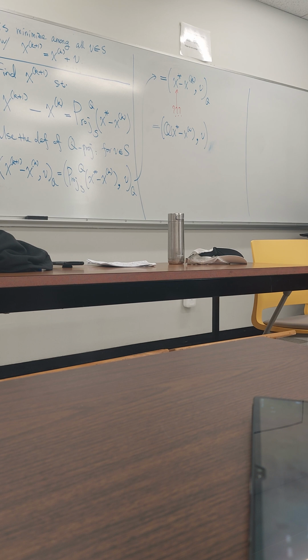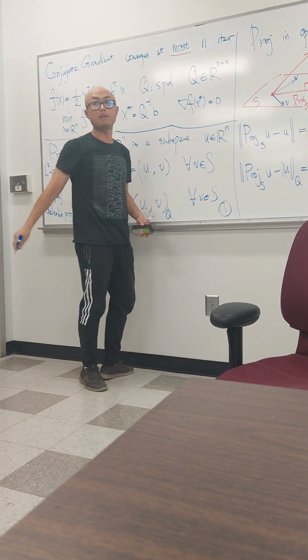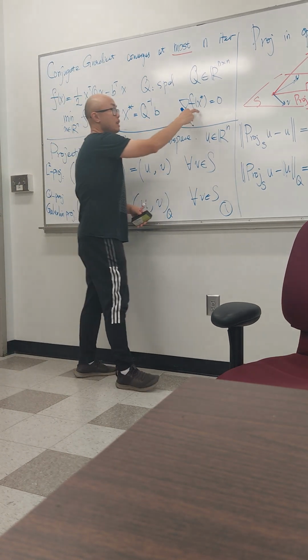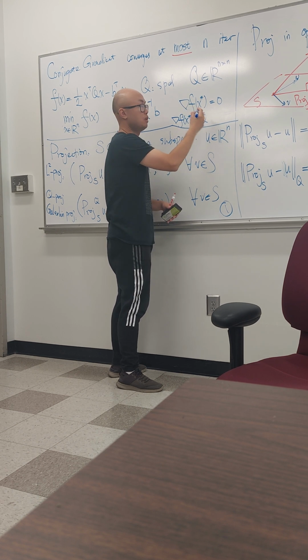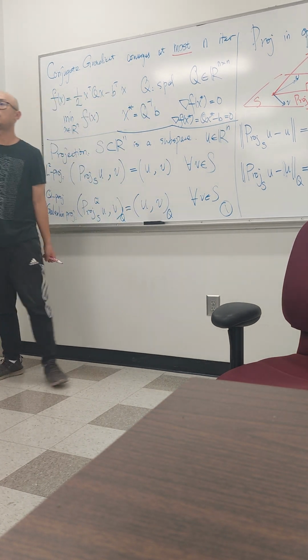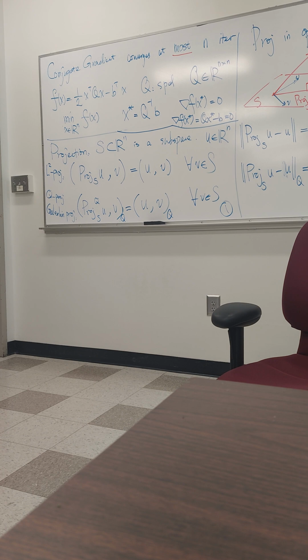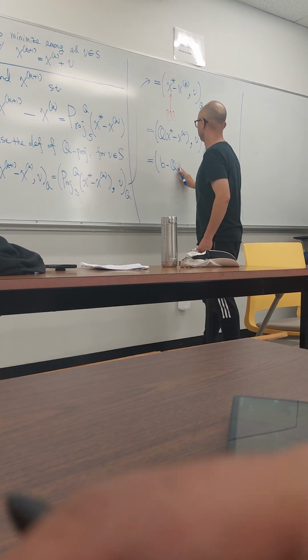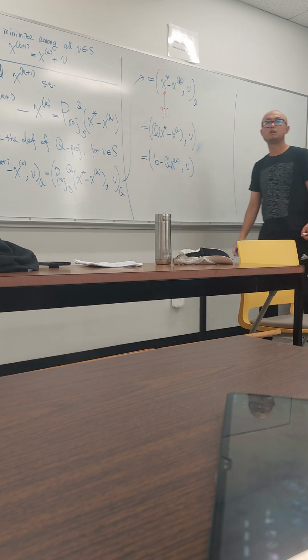Q times x star is B, because the gradient of f is Q times x subtract B, and at x star, Qx star is B. So this is B subtract Q times the kth iterate.